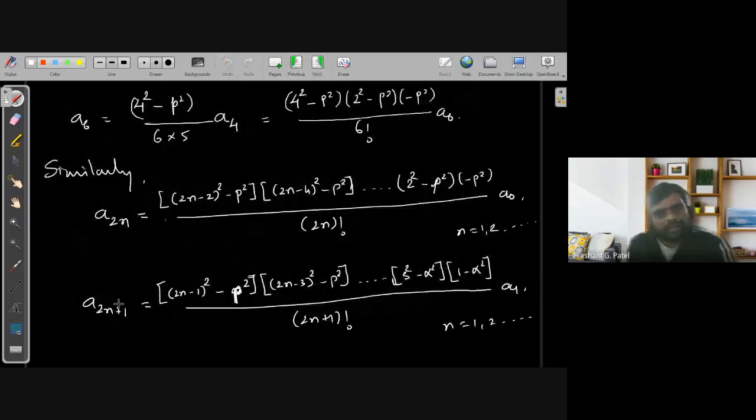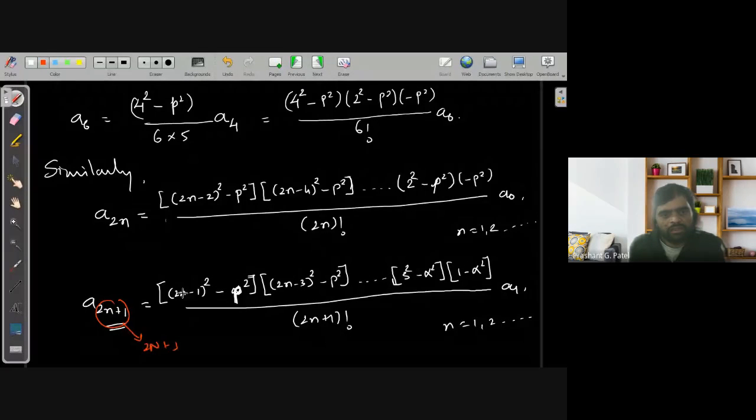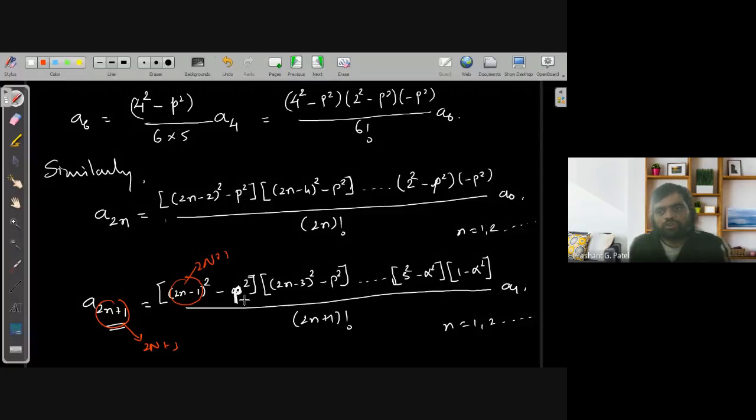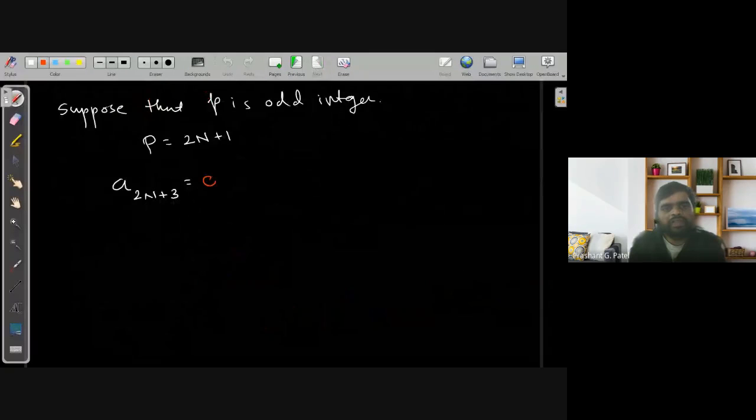If I replace a 2n by a 2n plus 3, then this will be 2n minus 2n plus 1. This will be 2n plus 1, and the value of p is also 2n plus 1. So this value will be 0. So in that case, you will have a 2n plus 3 will be 0 for every n greater than or equal to n.